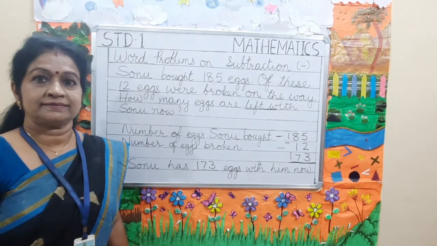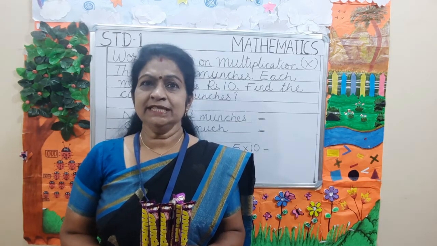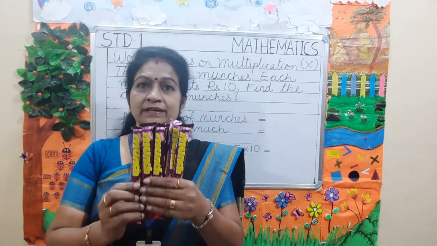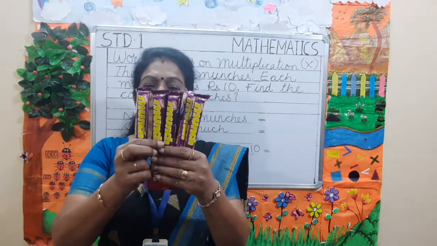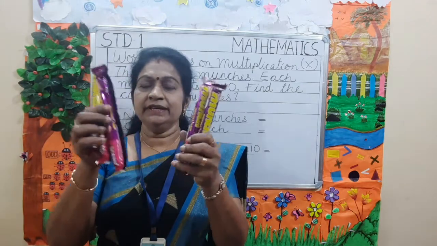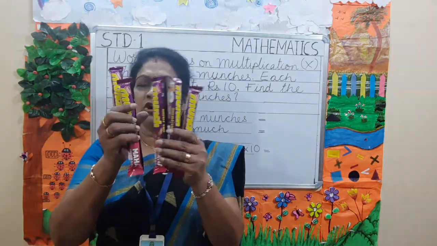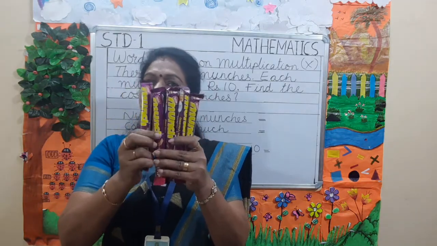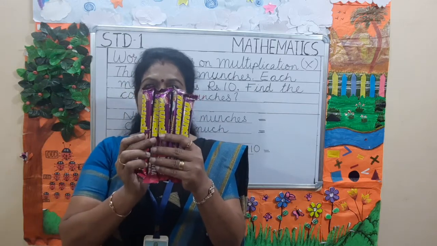Now children, we will be doing multiplication problem sums. Here is an example. Here I have 5 munches. 1, 2, 3, 4, 5 munches I have. The cost of each munch is 10 rupees. Now you have to find out the total cost of 5 munches.